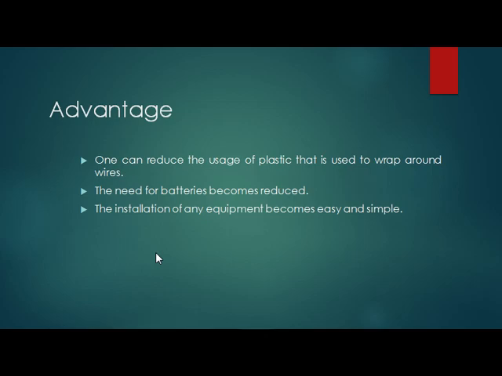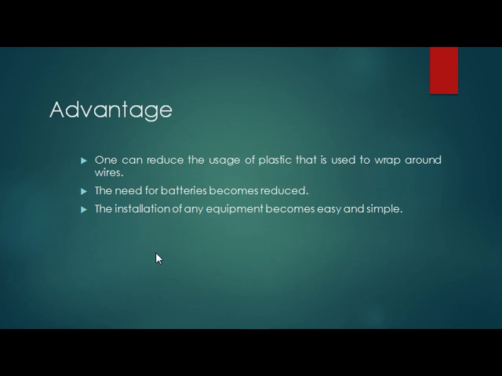Coming to the advantages, we can reduce the use of plastic. It's a minute quantity, but still the plastic takes so many decades to degrade, so we can reduce the usage of the plastic wrapped around the wires. Also, the need for batteries becomes reduced.